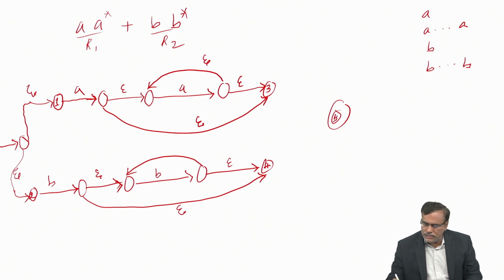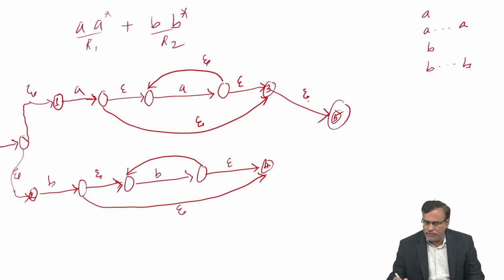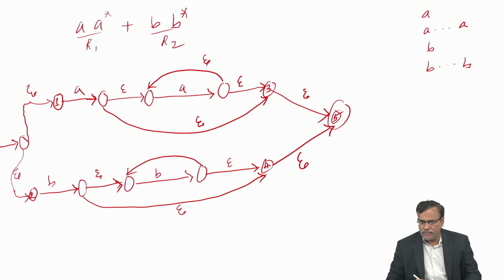Let me give the number for the new final state as 5. From old final states 3 and 4 to the new final state 5, you have to give a transition on epsilon.